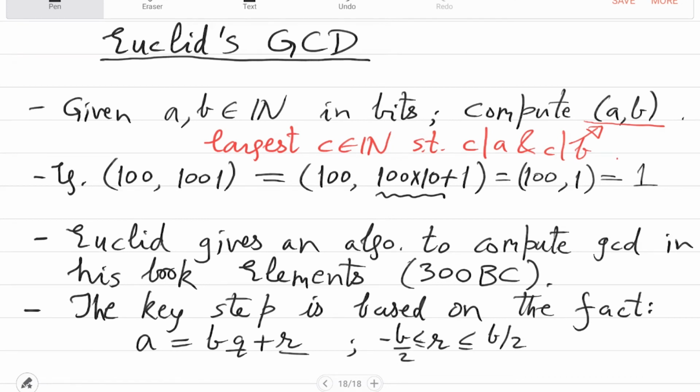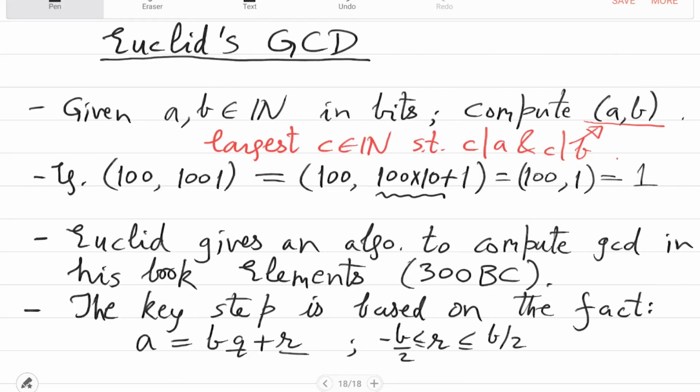This also can be achieved, because if the remainder comes out to be more than b by 2, then you just subtract b and you will go in the negative side. So this will be very important in the analysis of the algorithm, or the analysis will become easier to see with this assumption.